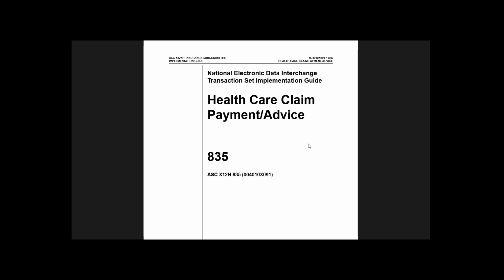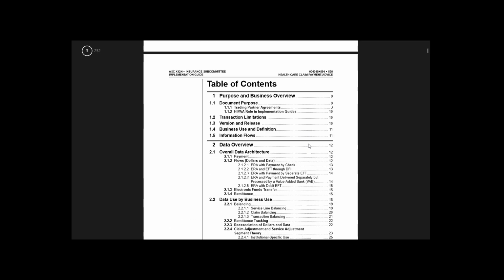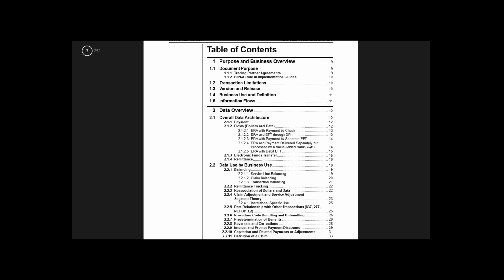Now talking about the 835, first we need to understand what is the source of this 835 and how the data transmission happens. If you refer back to the overview of EDI, you will see the 835 transaction is the transaction which gets generated after the claim is processed. So you will not have the 835 file in place if you don't have the claims in place.